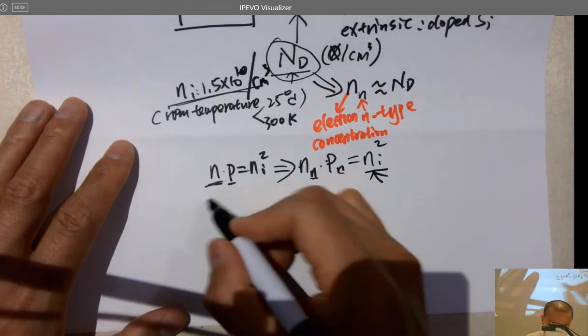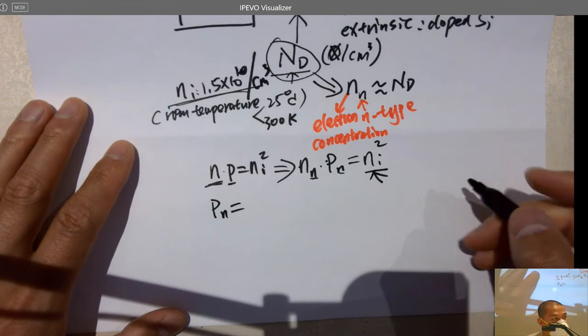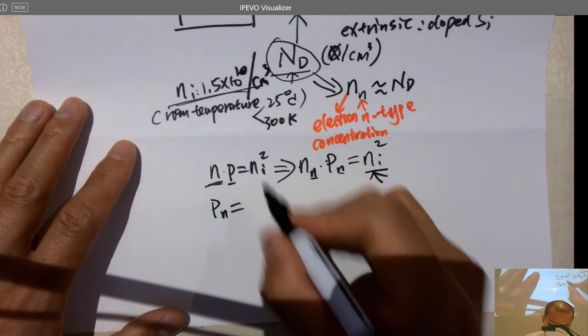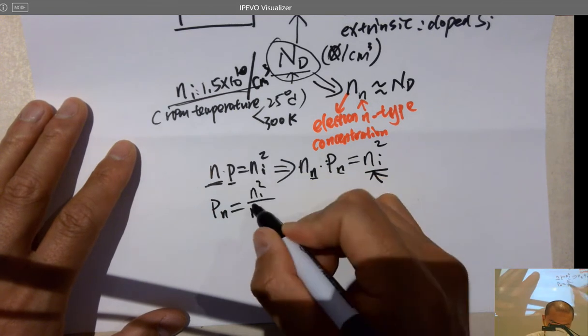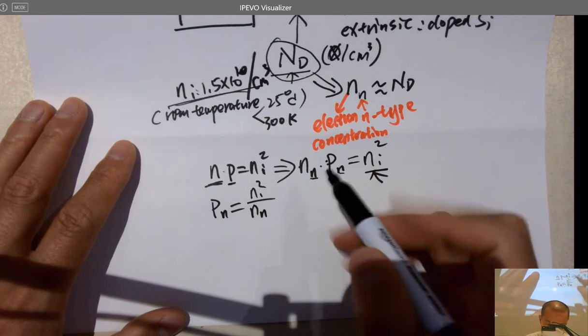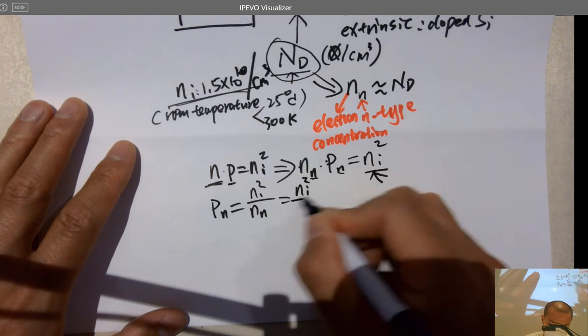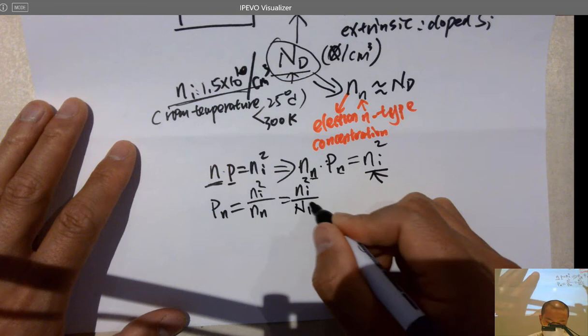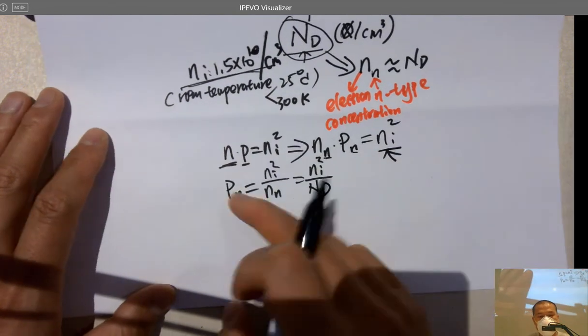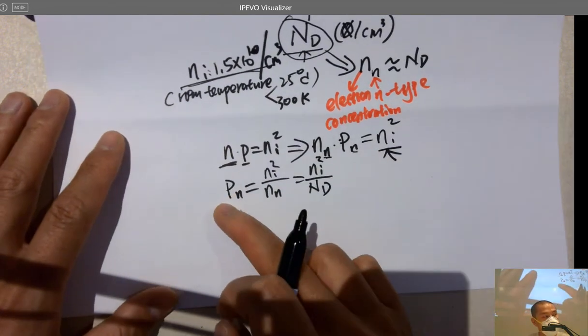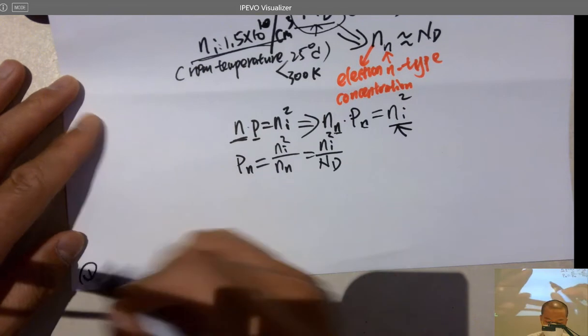So we can calculate the concentration of the holes, which is ni squared over Nn, which is also ni squared over Nd, which is given. You can calculate the concentration of the holes. Is that clear?